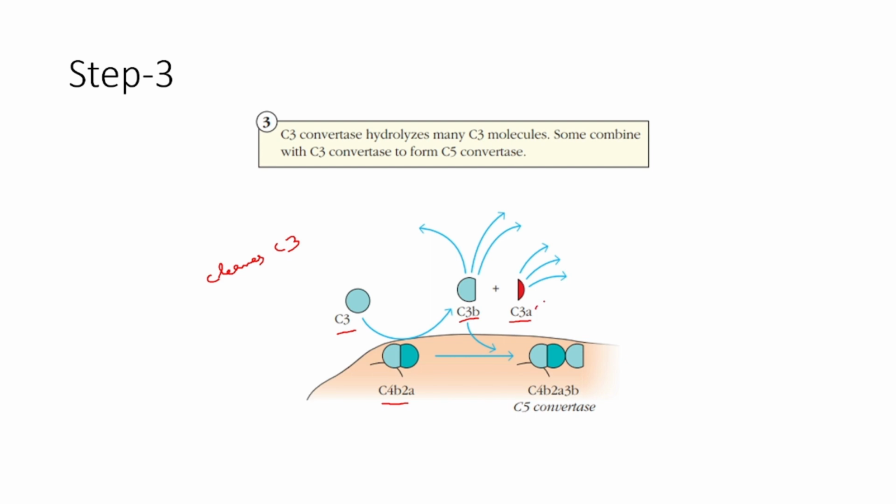C3A goes away and C3B comes and joins this complex and forms the C4B2A3B complex, which is also called C5 convertase. Why C5 convertase? Same as before, because you will see that this convertase in turn will cleave the C5 complement protein. Here also, like before, this complex is formed of three fragments: C4B, C2A, and C3B.